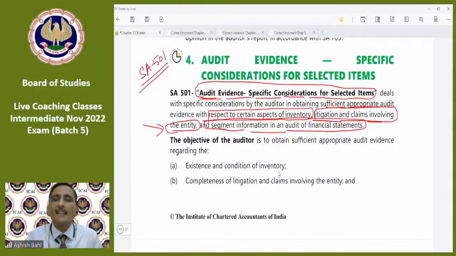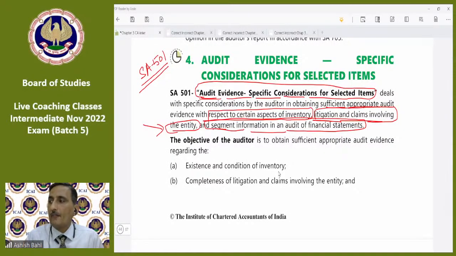All these segments are separate and identifiable, which calls for segment reporting in accordance with the applicable financial reporting framework. So how should the audit procedure be designed? This SA 501 deals with these 3 things.